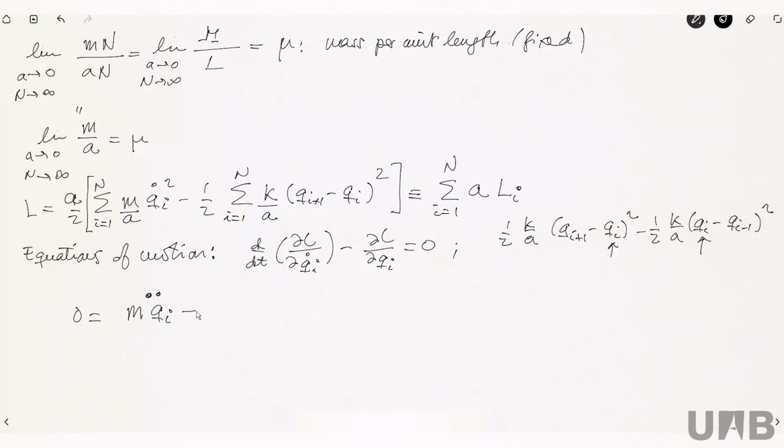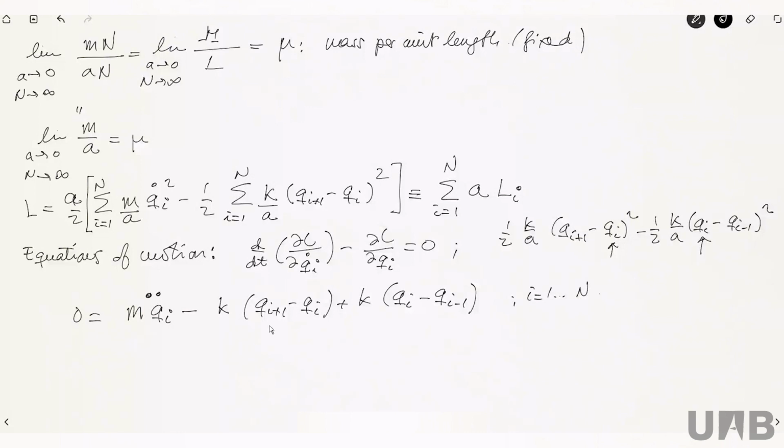Okay, so let's compute this thing. This is k (qi plus 1 minus qi), so that's one of them. And the other one comes with a plus sign, qi minus 1. So that's the equations of motion for each i from 1 up to n, all the q's that I have.